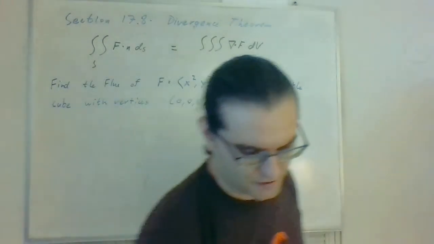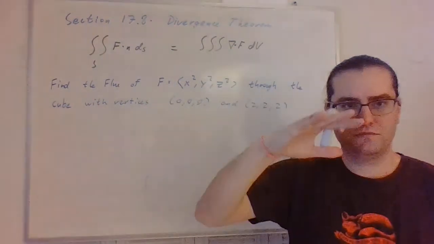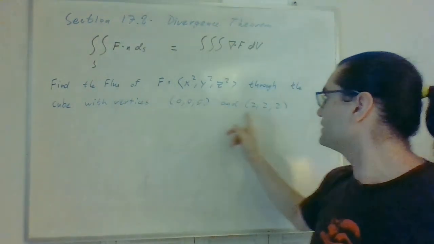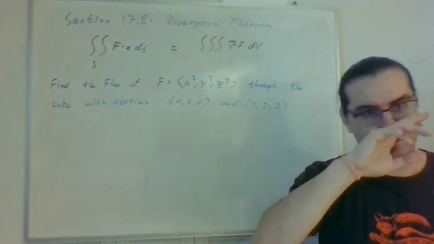So what we have here is a cube of side length 2. One corner is the origin and the other corner is hanging out in the first octant.